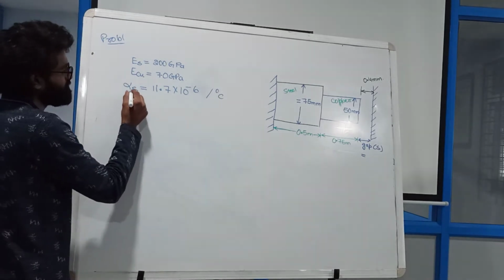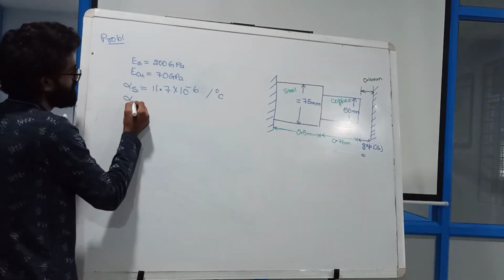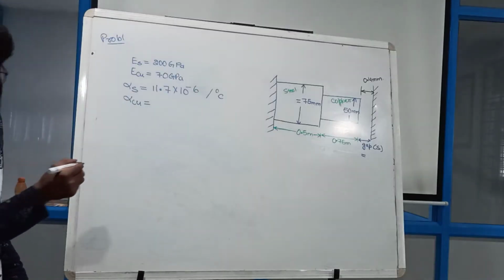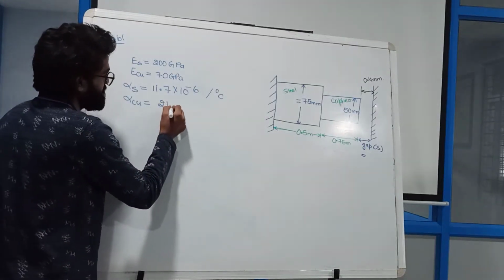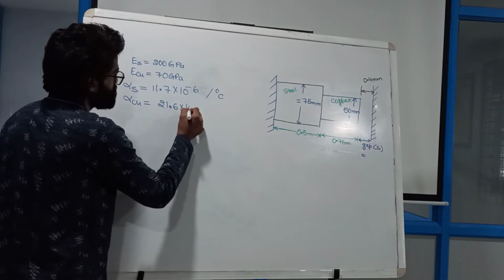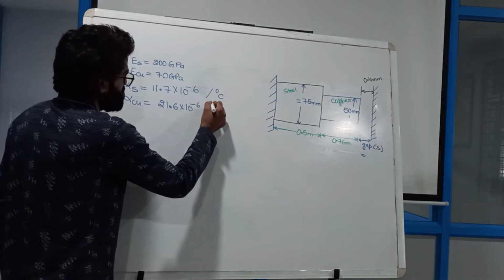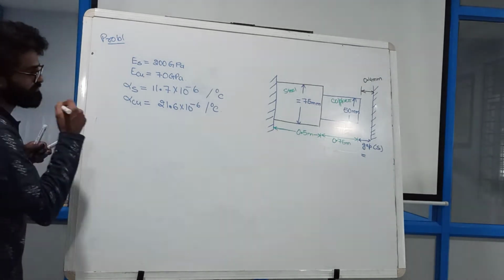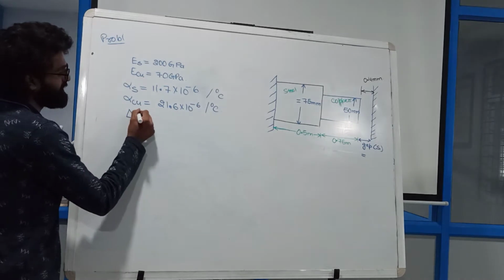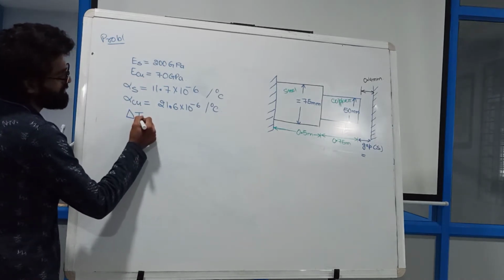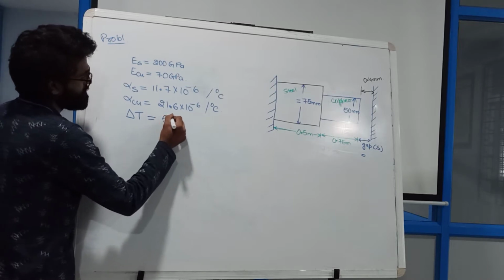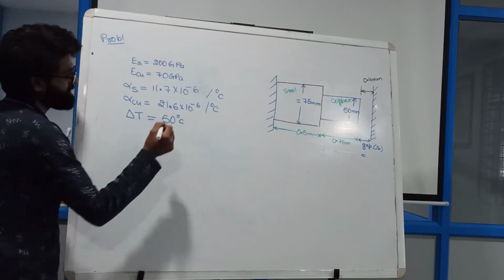Similarly, for copper they have given 21.6 into 10 raised to power minus 6 per degree centigrade. So this is all the given data, and they have also given delta T, the raising temperature, as 50 degree centigrade.